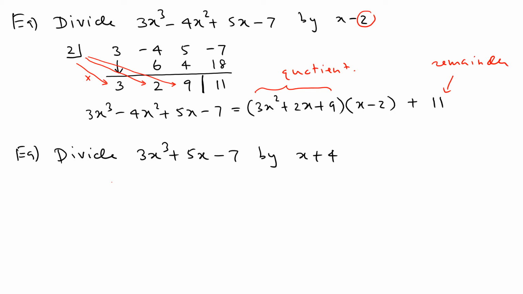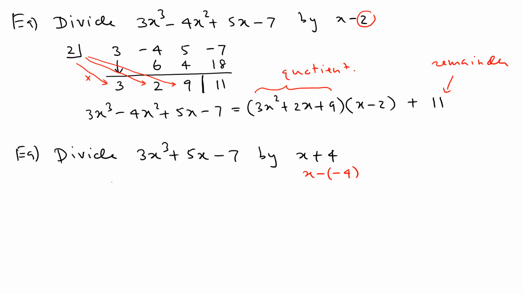In this problem, there are two issues. One problem is the x squared term is missing. So that means you have to add a 0 to the table. And also x plus 4: you have to write this in x minus minus 4 form. So let's take those two into account.